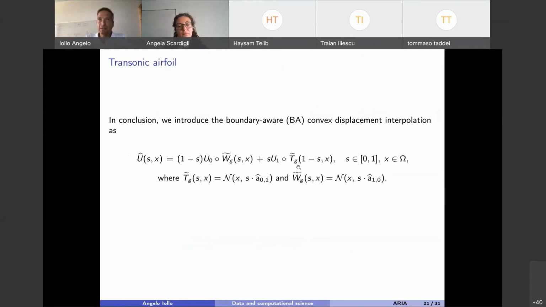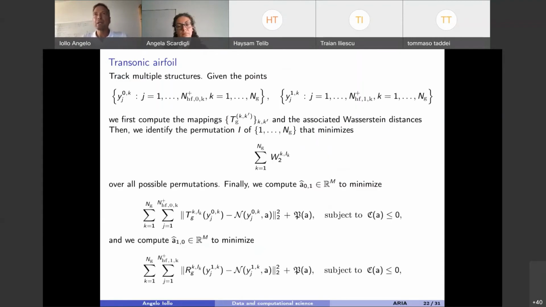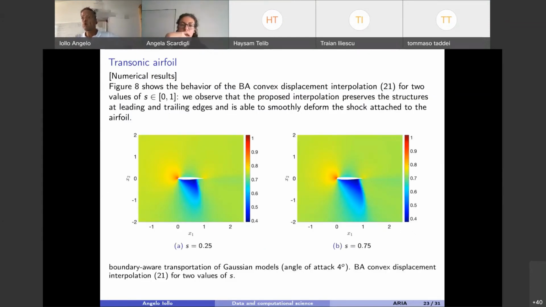Now, the convex displacement interpolation, or the interpolation along the characteristics, looks like the one before, exactly the same formula, except that now the mappings that we employ here are the mappings that are projected in the space of boundary-aware mappings. Now let me show first the results for this case, going back to the problem that I showed before.